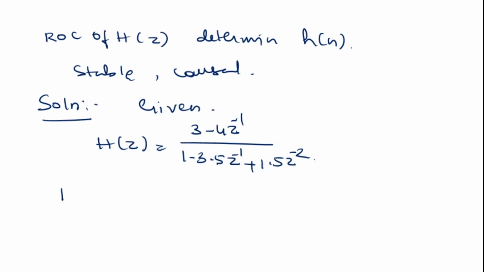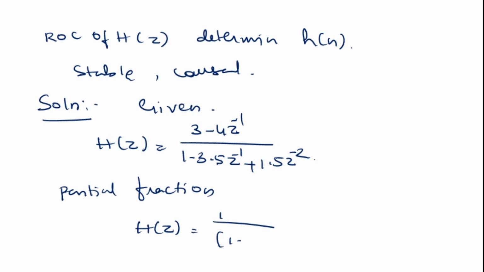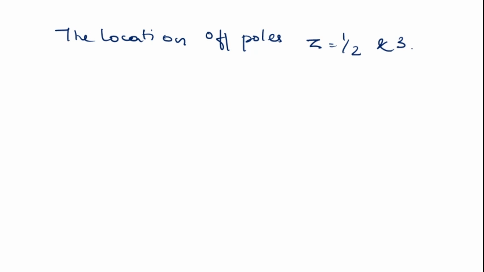By partial fraction, we get h of z is equal to 1 divided by 1 minus half z inverse plus 2 divided by 1 minus 3z inverse. Therefore, the location of poles are z is equal to half and 3.